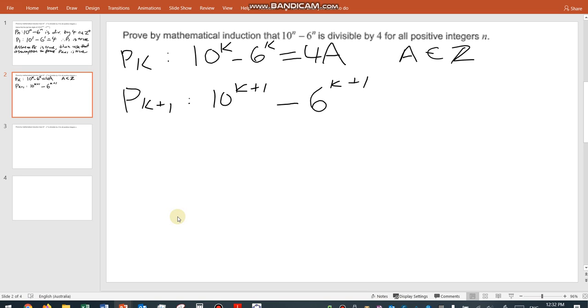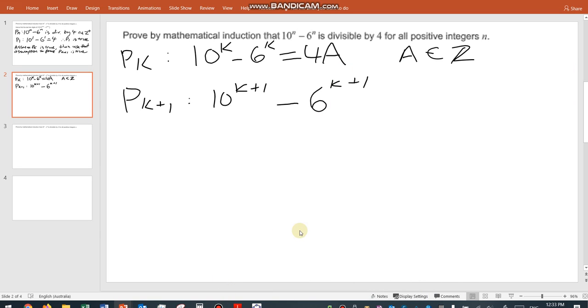What we want to do is show, is P of k plus 1 divisible by 4 using what we know about P of k? So we're going to have to do some investigation, some algebraic manipulation and see what we can find here. Essentially, the goal is to substitute in our P of k. So we kind of want to get our P of k plus 1 to somehow look like P of k so that then we can substitute it into our equation.